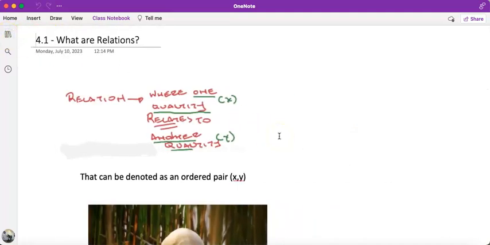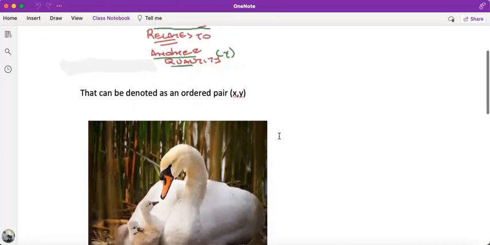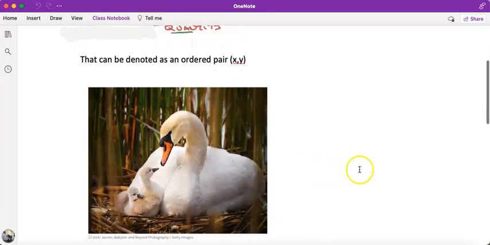And so a relation is where you have one quantity, typically denoted by x, that relates to another quantity, which is typically denoted by y. And we denote that relation as an ordered pair. X relates to y, right? And so I will oftentimes use birding, and it's one of my hobbies here. So I wanted to share with you this image of a swan and some baby swans.